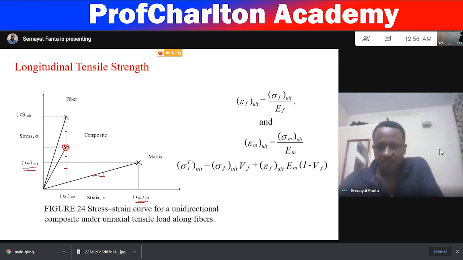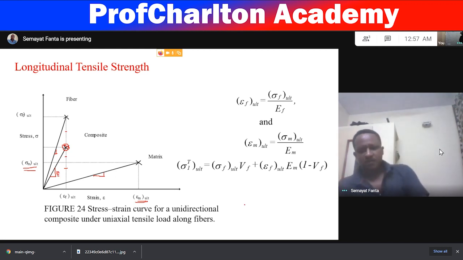This EM is the slope of this curve, and EF is the slope of this curve. EC, the composite slope, is this E of composite.